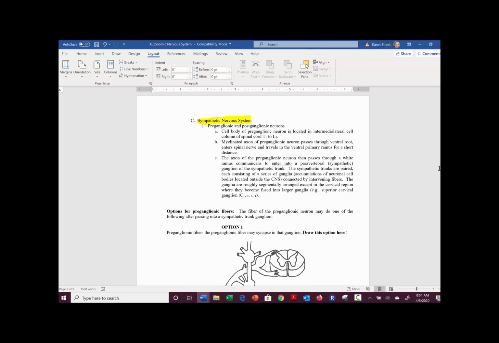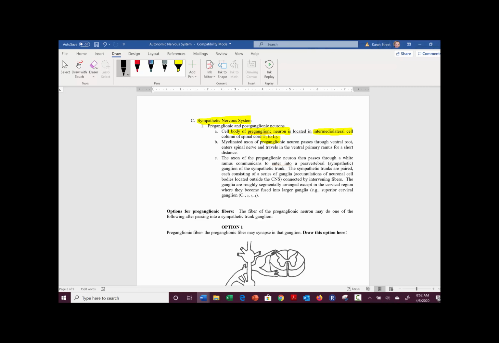So we have the cell bodies of the preganglionic neurons. You should know this by now, are found at levels T1 through L2 in a lateral gray horn that is specially named the intermediolateral cell column, or IMLCC, as I abbreviate it in your homework packets and on your exam.